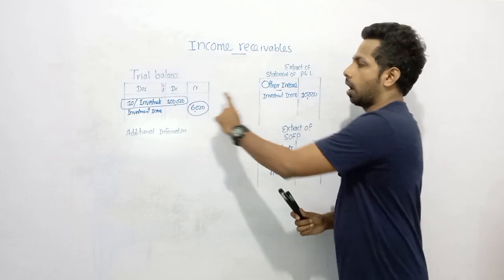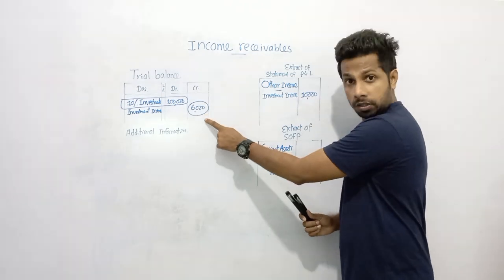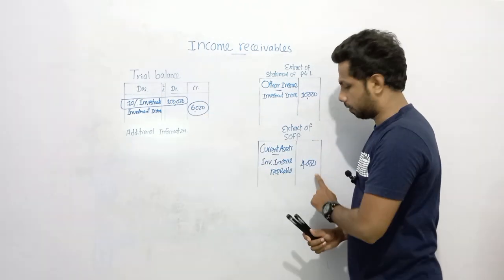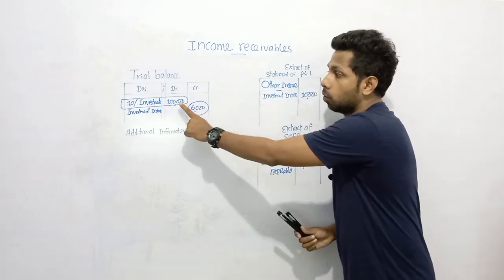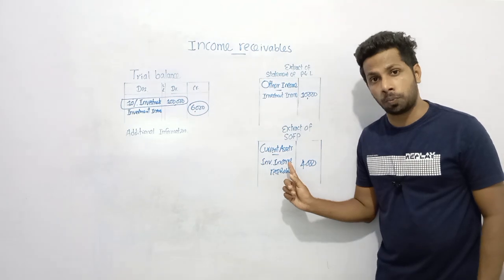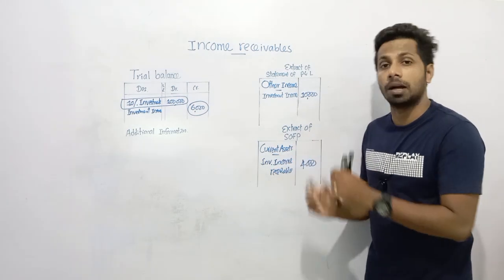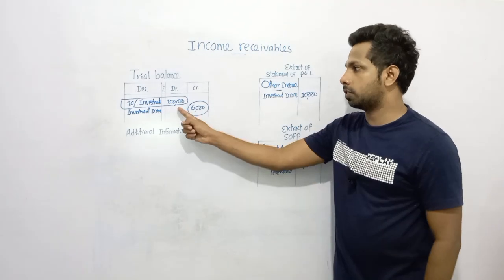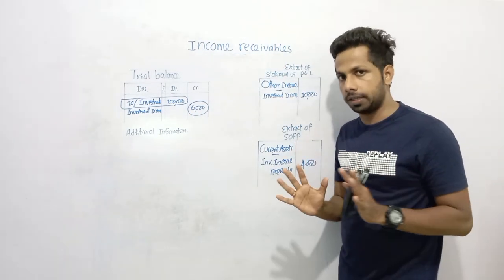Then you can calculate the total interest as 10,000, compare it with the received amount of 6,000, and recognize a receivable amount. So very important, you must record this investment under non-current assets in the SOFP. Right now I didn't present it because I want to present the income receivable adjustment. I think it's clear for all.